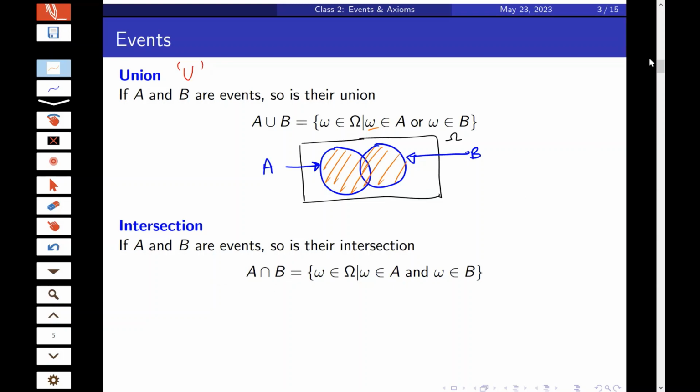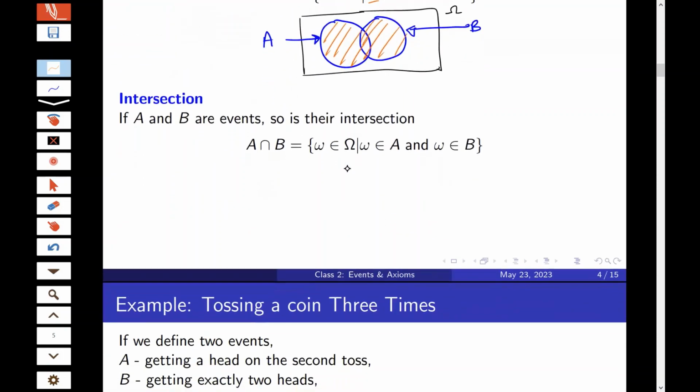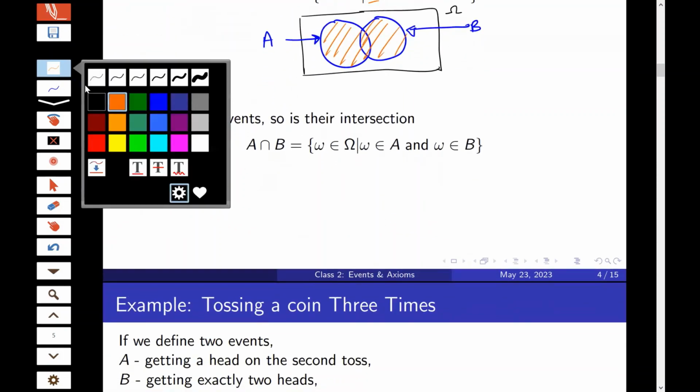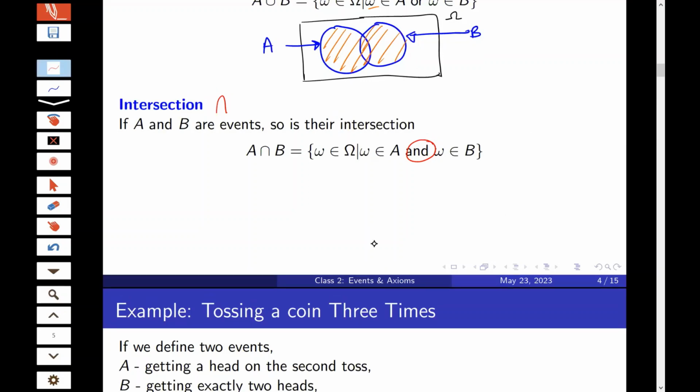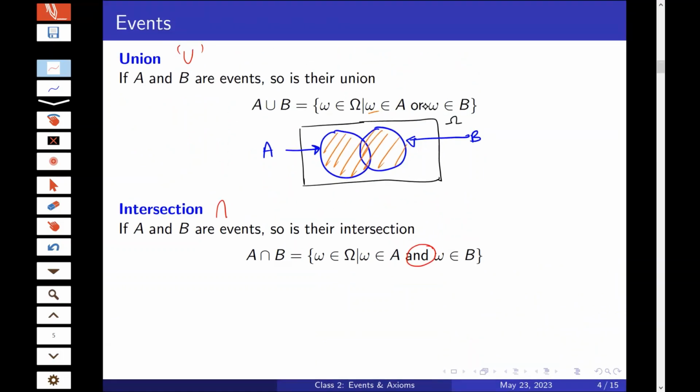And the last thing is intersection. So intersection we will denote by A and B, and the keyword is AND. When it is union, the keyword is OR.